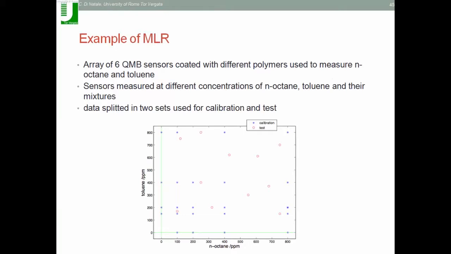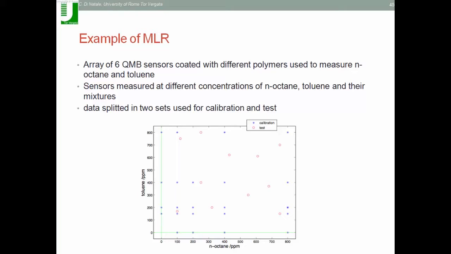Let's see an example, for instance, with an array of 6 quartz microbalance sensors coated with different polymers, and they are sensitive to N-octane and toluene at the same time. And this is the plane toluene and octane. The red stars are the calibration points, and the red dots are the validation.